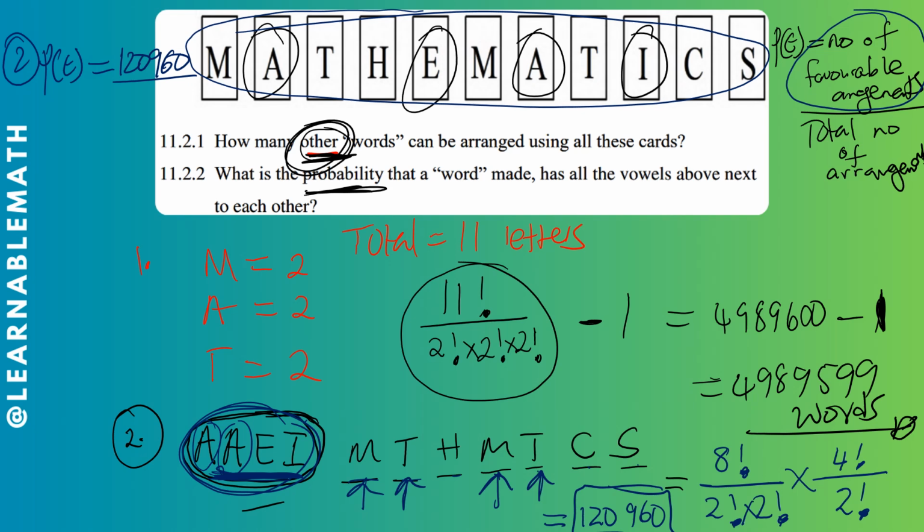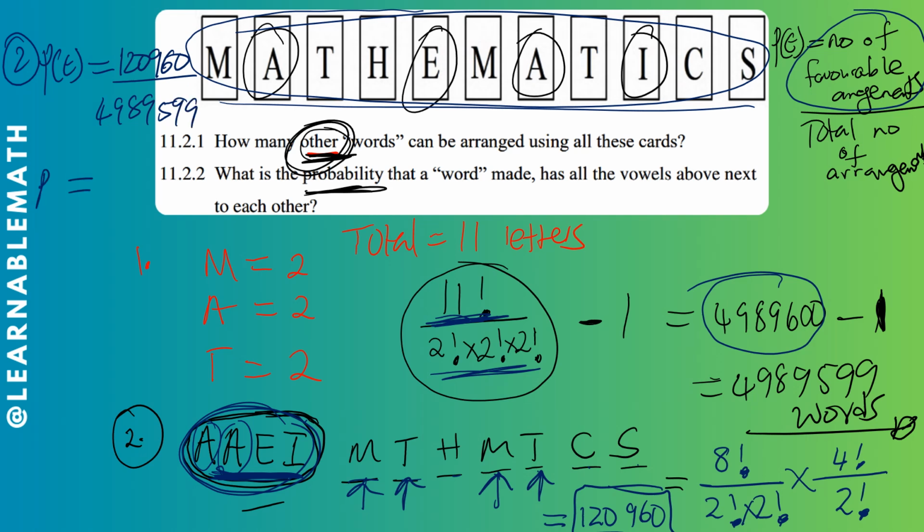So the total number of arrangements is 11 factorial divided by all the repeating letters, 2 factorial, 2 factorial, 2 factorial, which gave us 4,989,599, including the word mathematics.